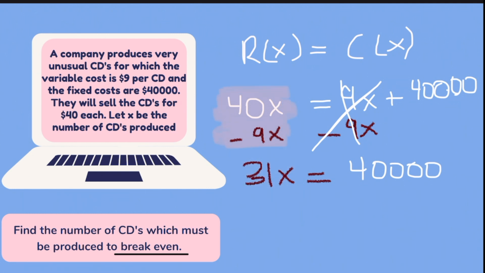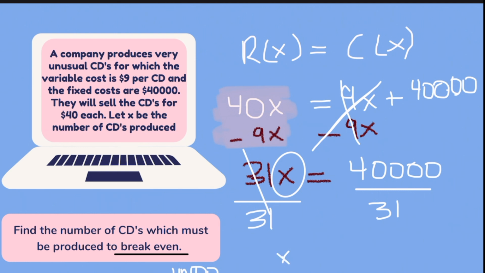All right. So how can I get x by herself? X right now is being multiplied to 31. We need to undo that operation. Undoing multiplication is division. So we divide by 31. Good job. And what you do to one side, you better do it to the other. And 40,000 divided by 31, let me whip out my calculator.